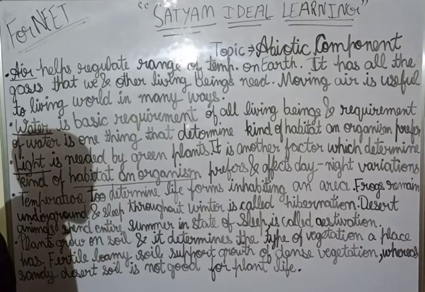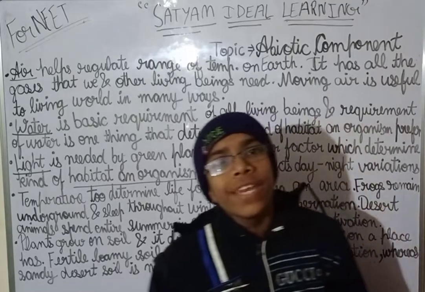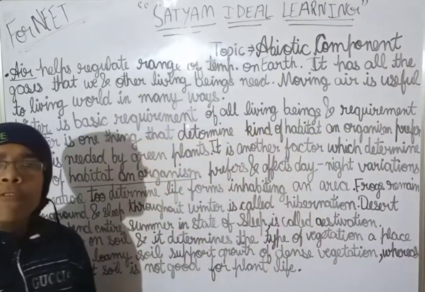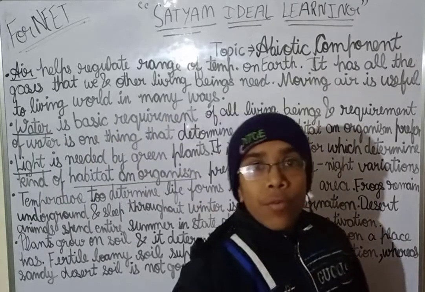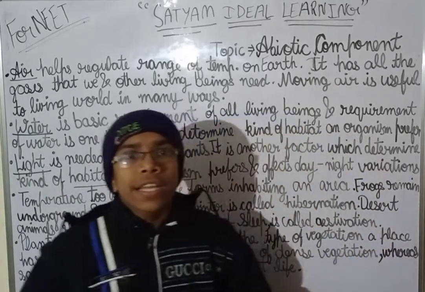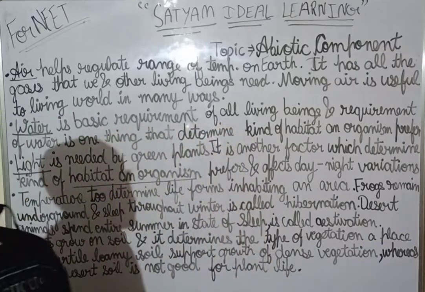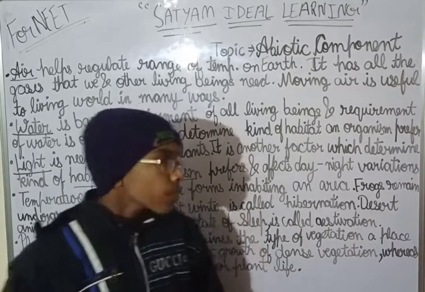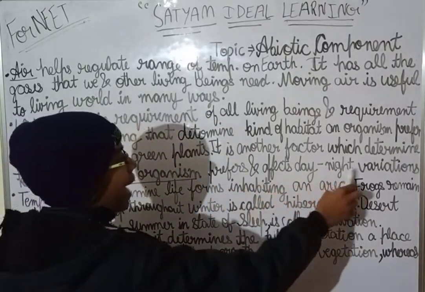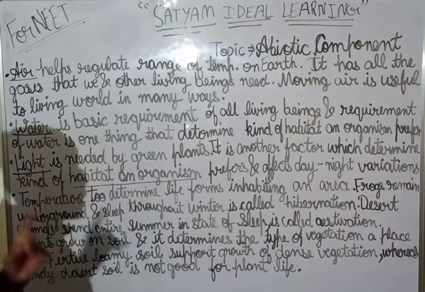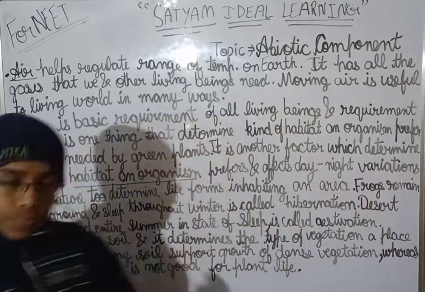And there are some flowers that open in the morning and close in the evening. And you have noticed there are some animals also, like owls. Owls are active at night, whereas in the day we all are active. So light is very important and light affects day-night variations.